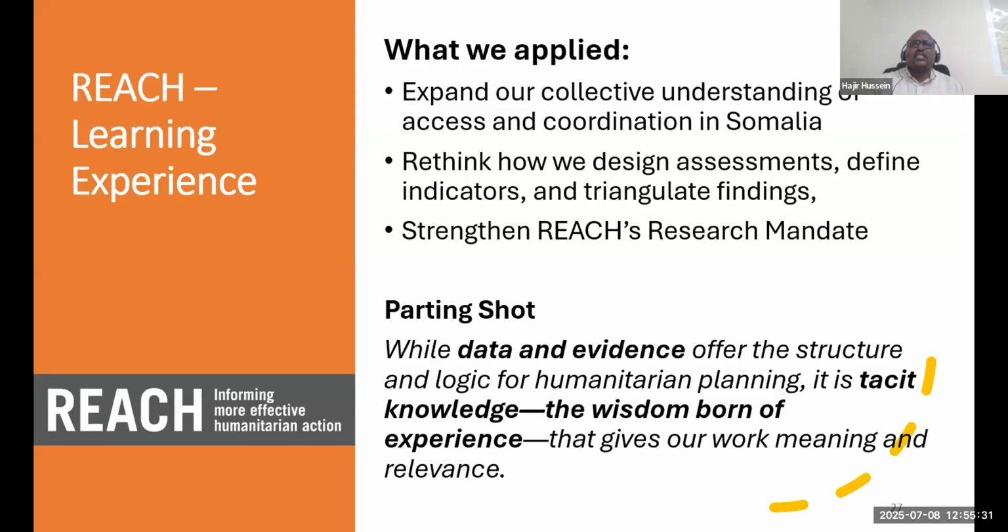Previously, when we were talking about access, we were talking only about infrastructure, logistical barriers, and these kinds of things, but we have also learned there are other barriers like political ones, between service providers and the populations that we need to reach. We are not only talking about how we can reach the population, but also how the population can reach the service providers. These are the kinds of strengths we get from the tacit knowledge learning.